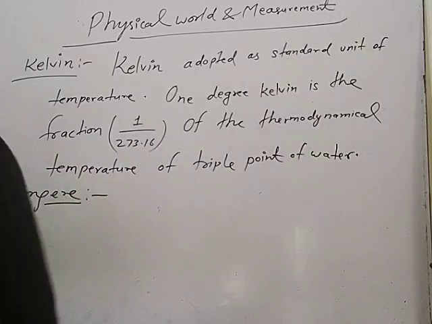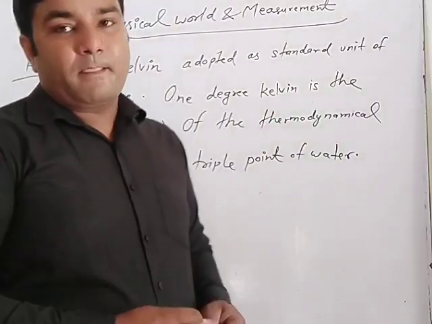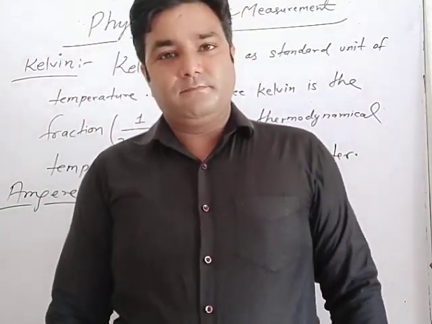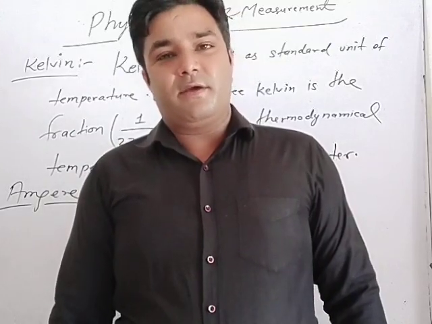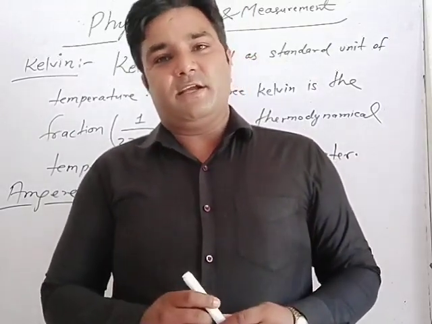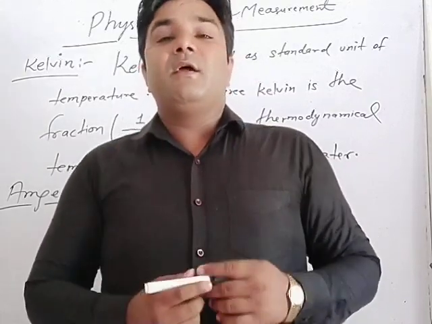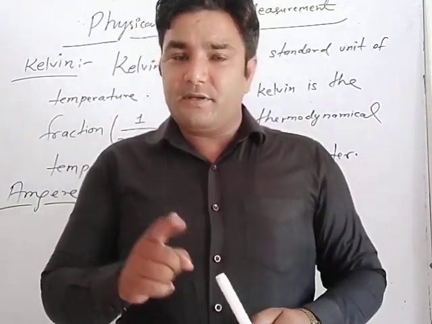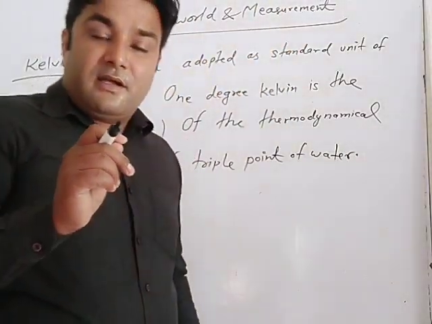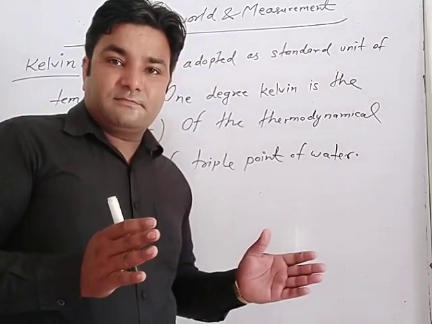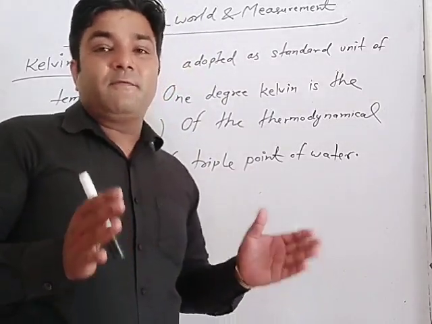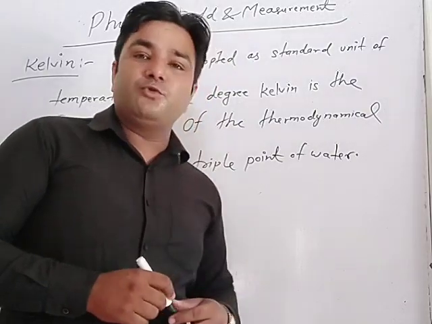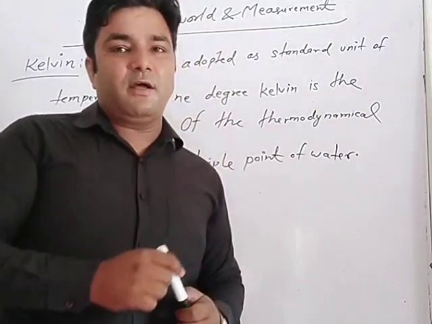Listen again about the concept. When two infinite parallel conductors having negligible cross section area, it means if this type of cross section area is negligible, then the current flowing through these wires is said to be 1 ampere, when and only when the current carrying conductors apply a force, the force per unit length having magnitude, as I explained earlier, 2 into 10 power minus 7 Newton per meter on each other.